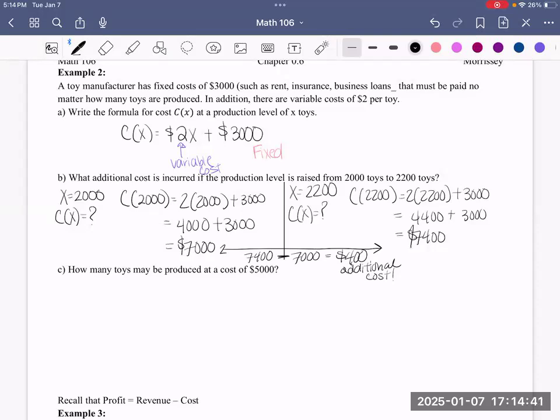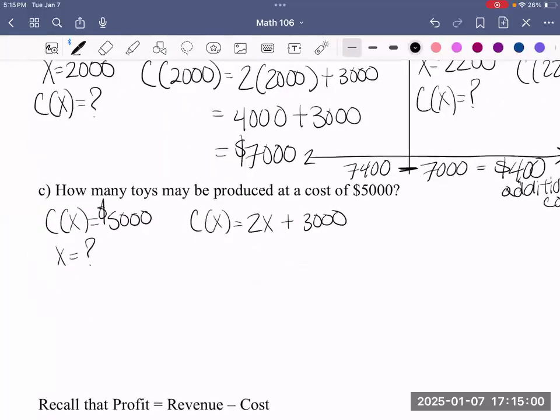So how many toys may be produced at a cost of $5,000? Well, now they're telling us, okay, my cost is $5,000. How many toys does that get us? Well, right now we have your equation, right? This is your equation. We now know that your C of x, your cost, is 5,000. So that is going to go on the opposite side.